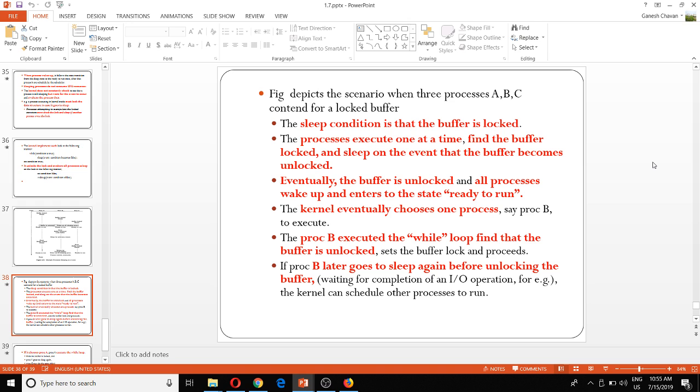The kernel eventually chooses one process, say process B, to execute. Process B executes the while loop, finds that the buffer is unlocked, sets the buffer lock, and proceeds. If process B later goes to sleep again before unlocking the buffer, waiting for completion of an IO operation for example, the kernel can schedule other processes to run.